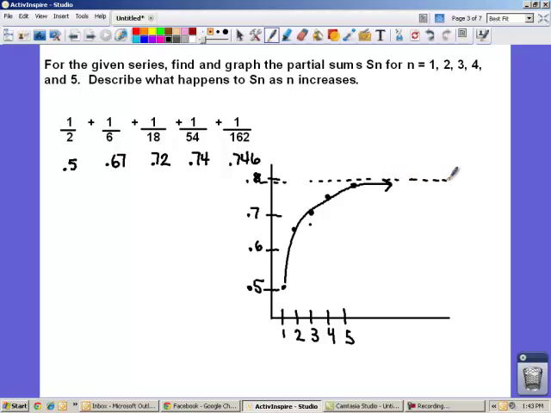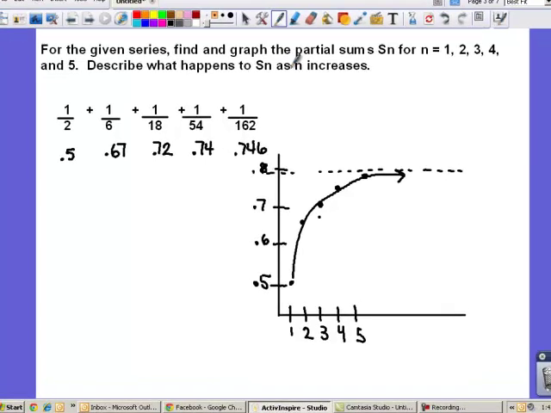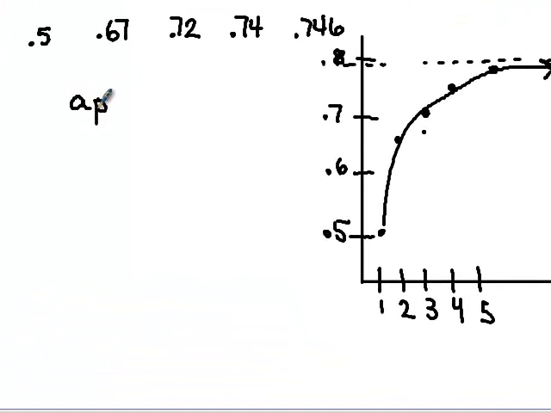And you can notice that right here, it looks like it's approaching 0.75, but it really never reaches it. So in the directions where it says describe what happens to the sequence as it increases, we're going to write approaching 0.75.